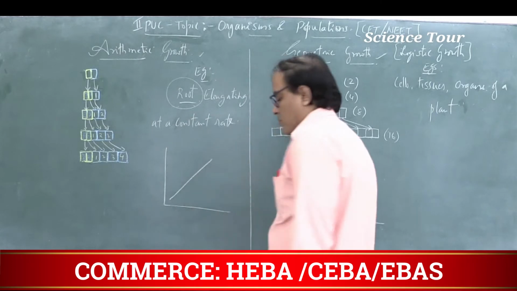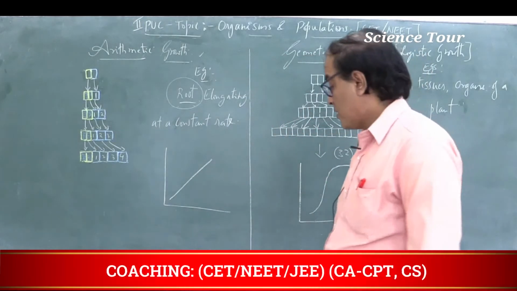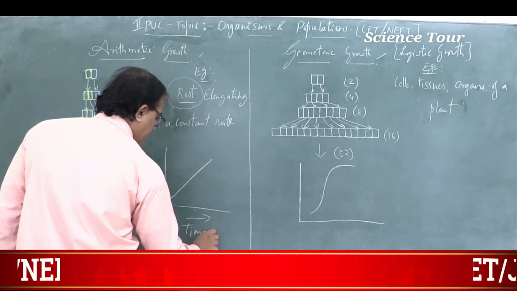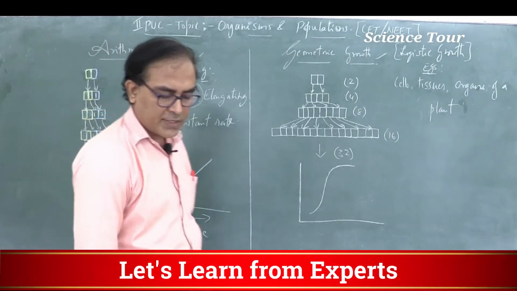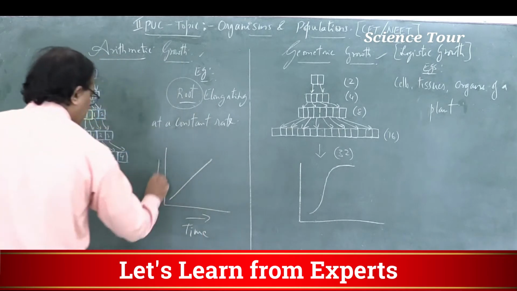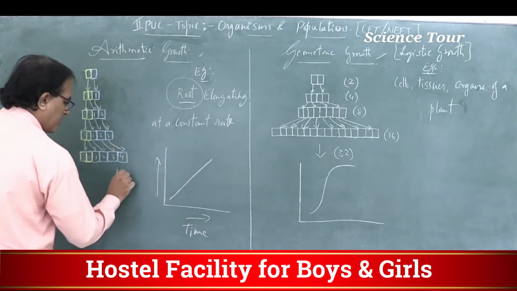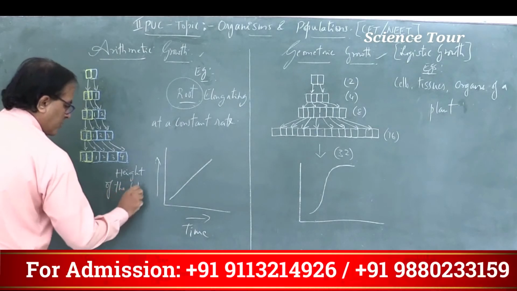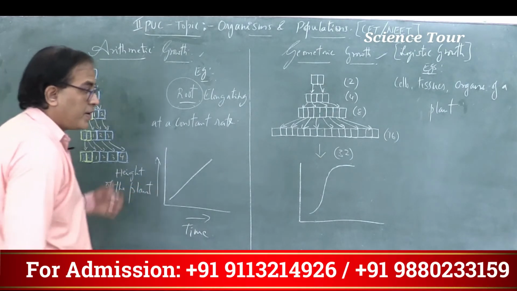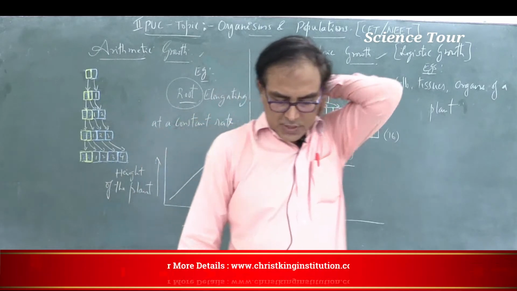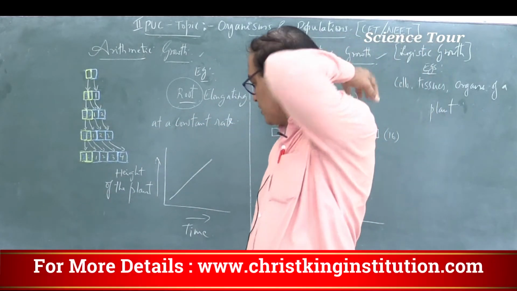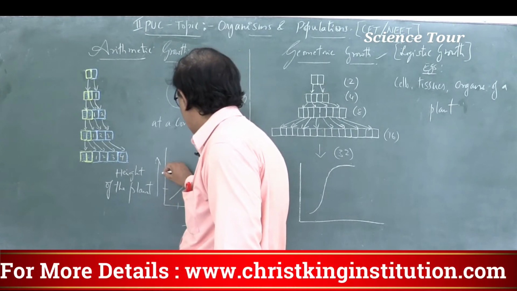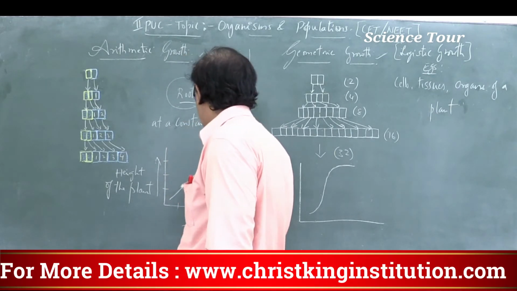Okay, so what do you have to plot? You have to plot time along the x-axis, and along the y-axis you plot the height of the plant. Then you will get what? A straight line.